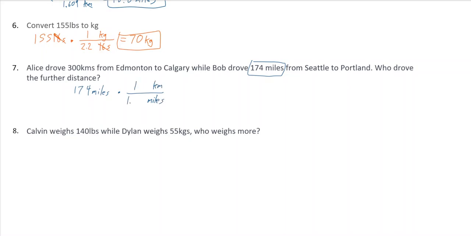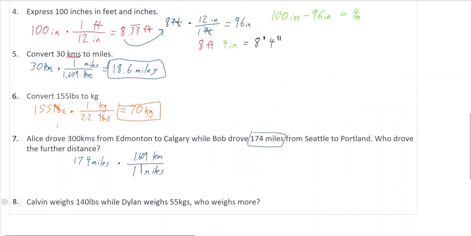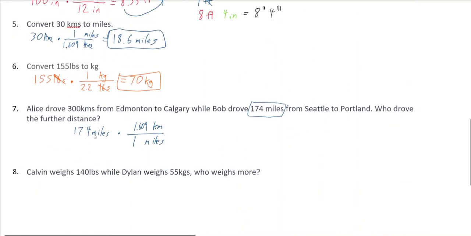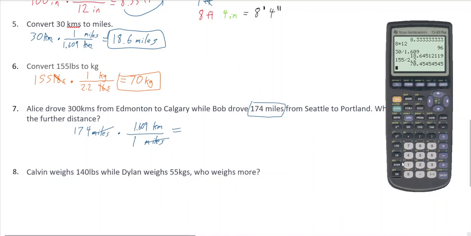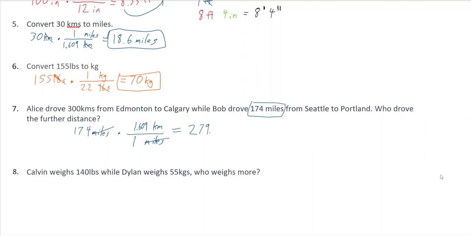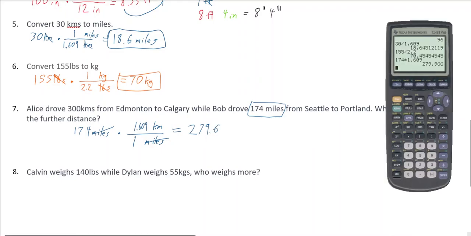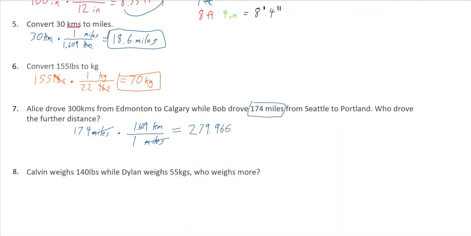So 1 mile is 1.609 kilometers, I believe it is. Yep, that's right. So now miles is canceling there. So we're left with 174 times by 1.609, 279.6, no, 0.966.